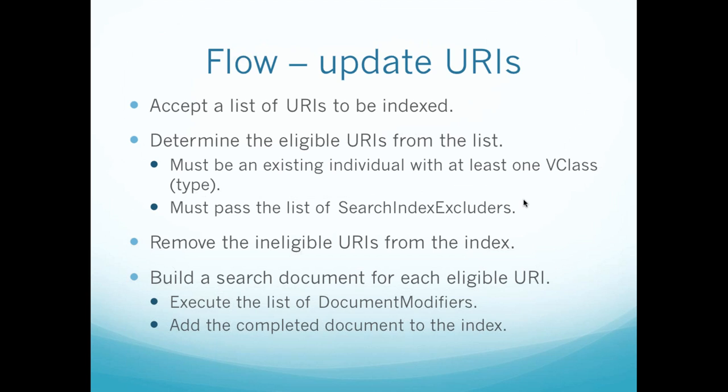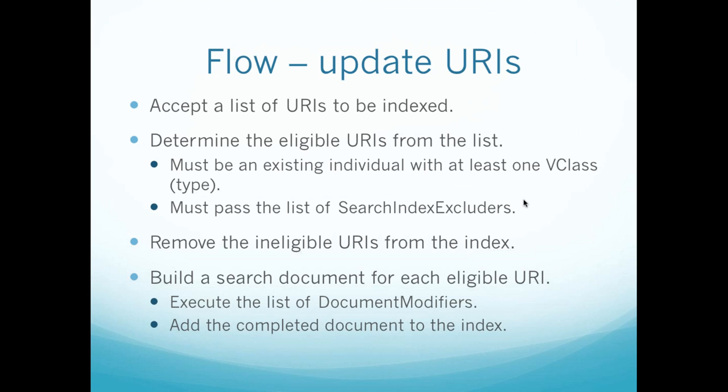We have a chain of them. Just pass it down through and see if anybody rejects it. So any of the URIs that are ineligible will actually issue a remove command or delete command to the index to make sure that that's not in there. Because after all, it might have only recently become ineligible if that individual was deleted or if the configuration has been changed.